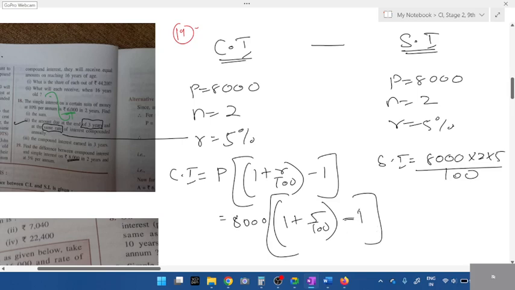So whenever there is minus 1, what did I tell you, students? Instead of fraction, we can use decimal. Yeah, decimal calculation. Be quick. We'll do the next one.